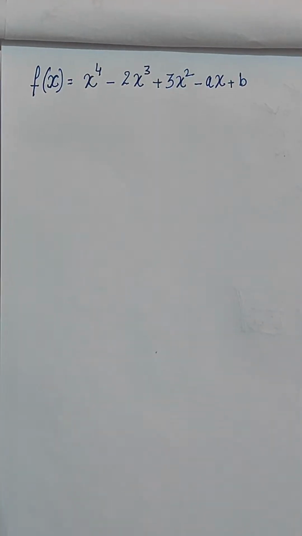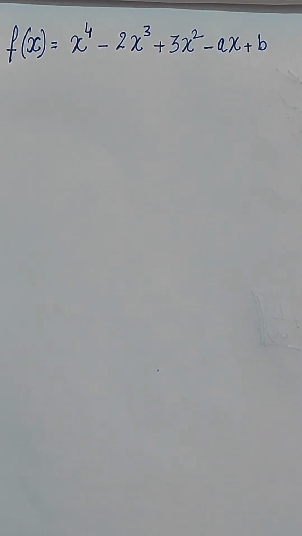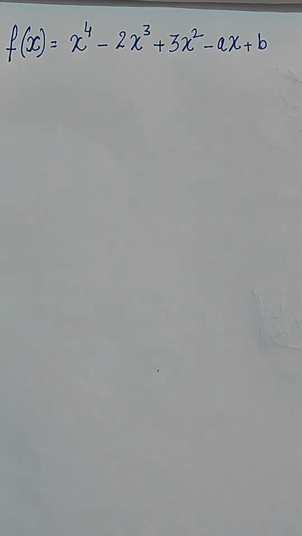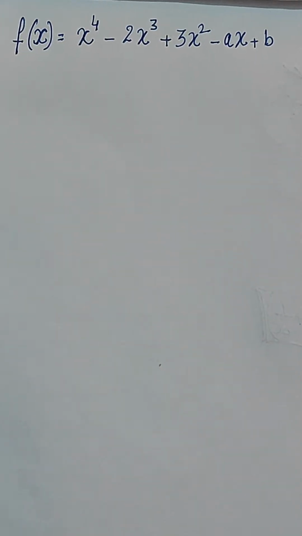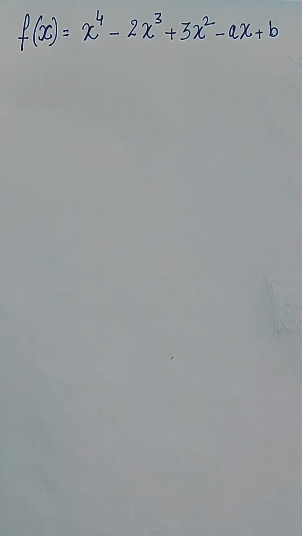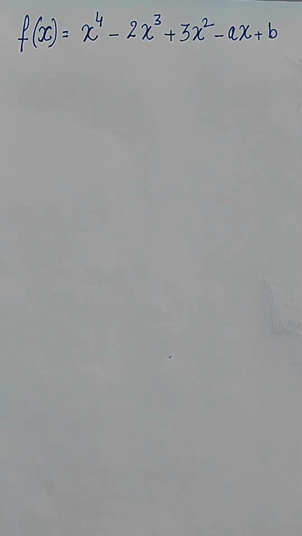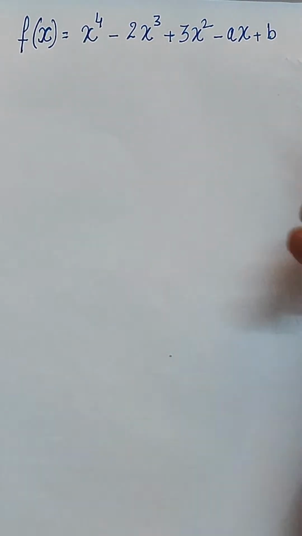So, this is a question in front of us where a function of x is given to you, a polynomial is given to you. I hope you are able to see. The function of x is like this: x power 4 minus 2x cube plus 3x square minus ax plus b.